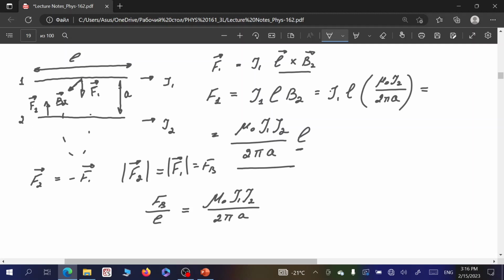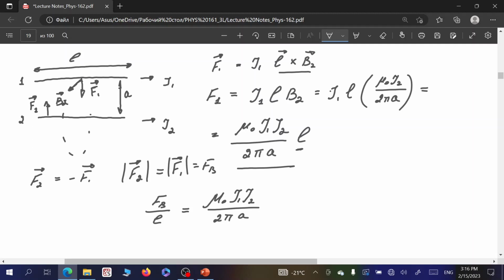This specific magnetic force is proportional to the magnitudes of the currents flowing through the conductors and inversely proportional to the distance.